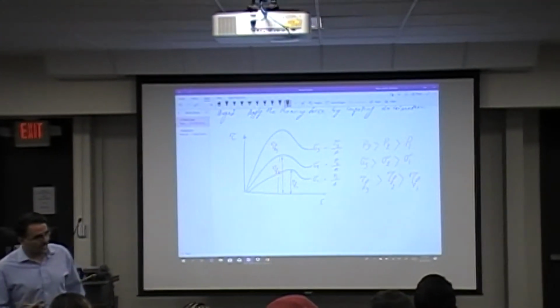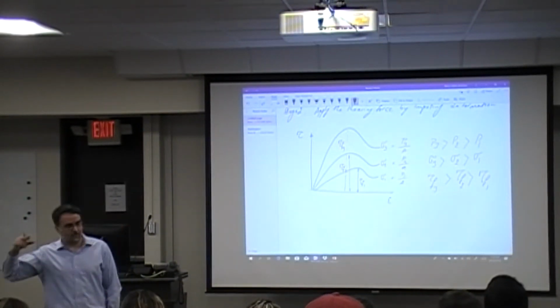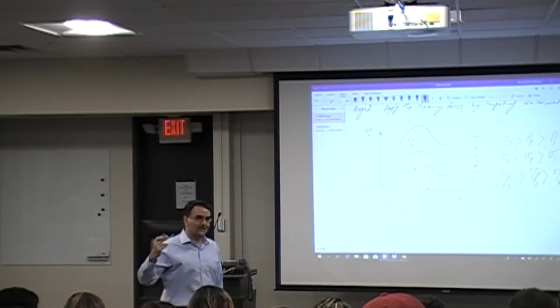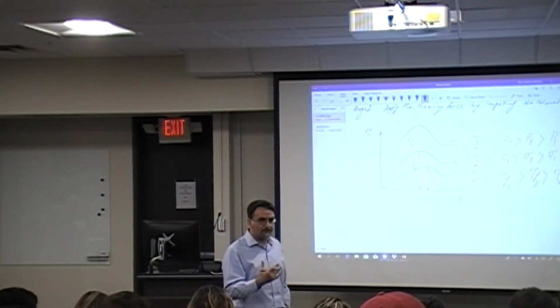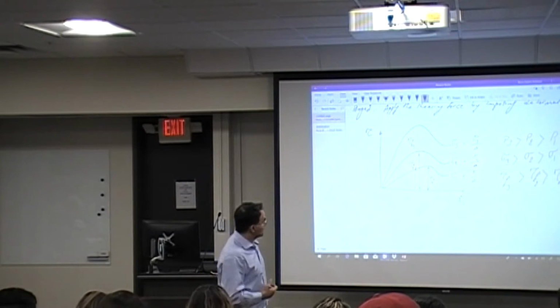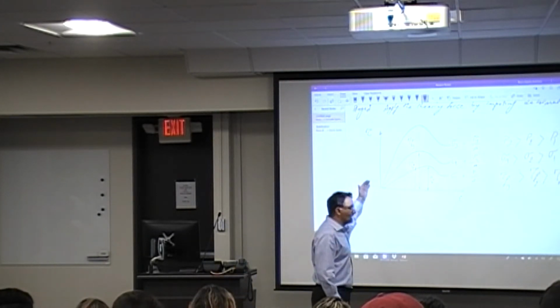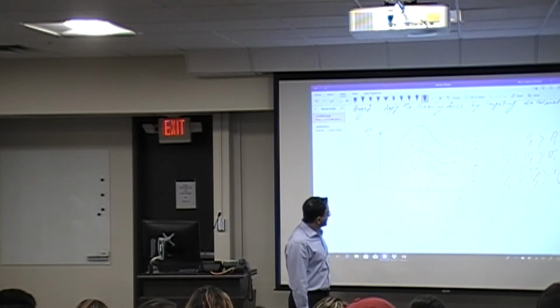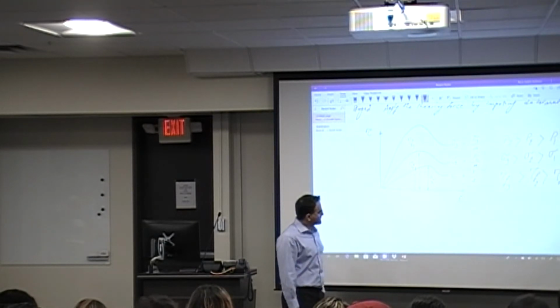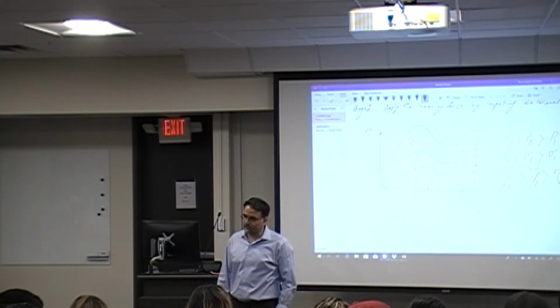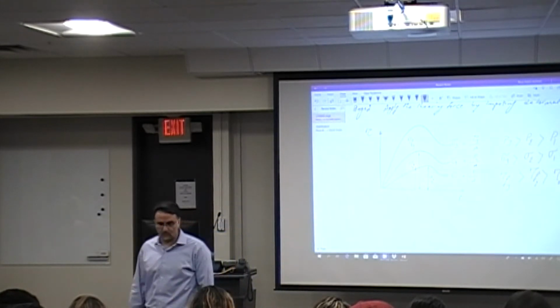So tau sub f, the peak of the stress strain curve, represents the strength of your material, right? You have higher strength for the curve that is higher, and then lower and lower in the other cases. So that basically signifies the role of the confinement on the strength of the material.